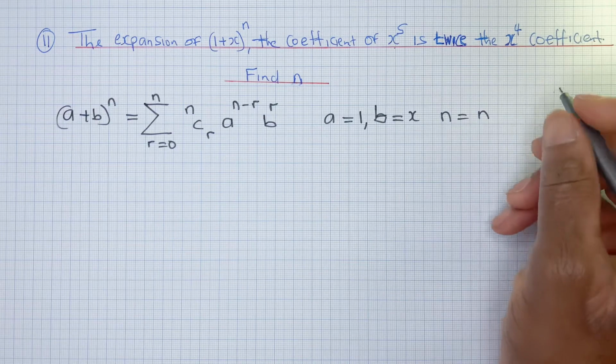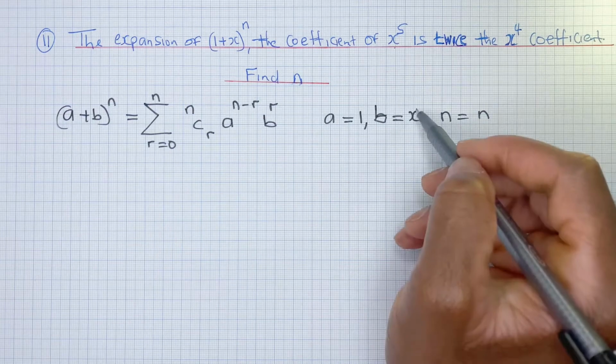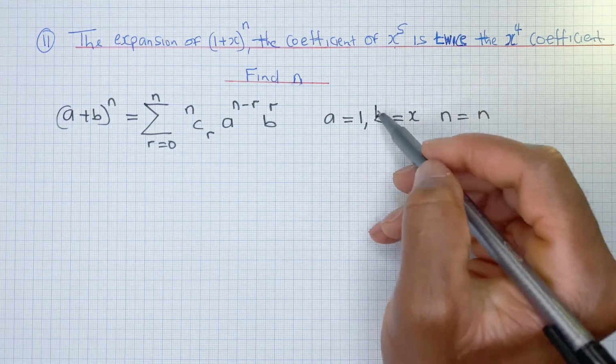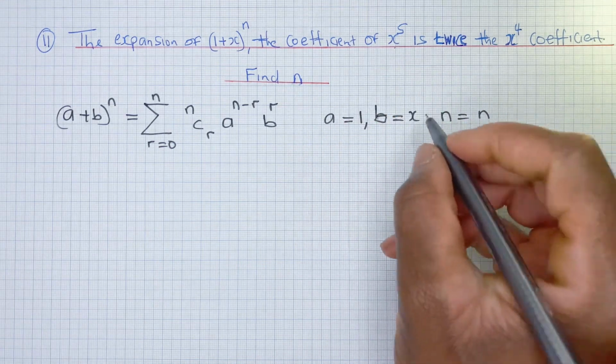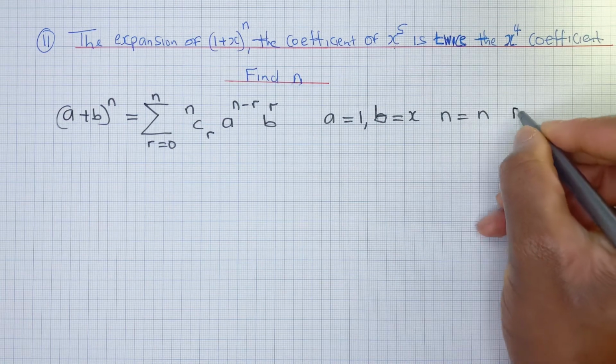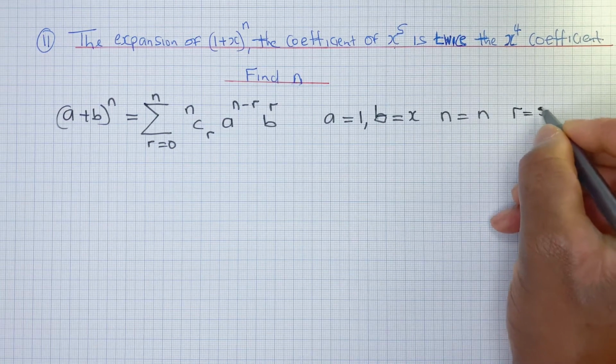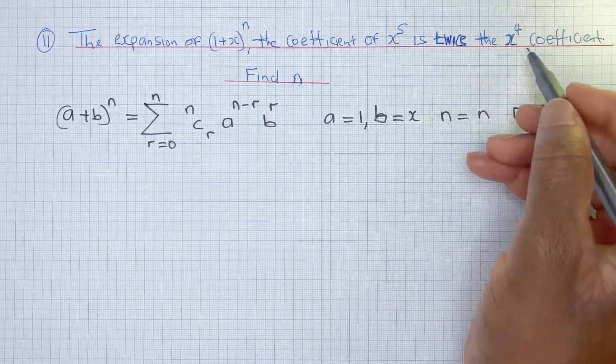But we're looking for two situations here. When x is to power 5, that means b has to be to power 5, which means r has to be 5. So two situations, r equals 5 and 4.